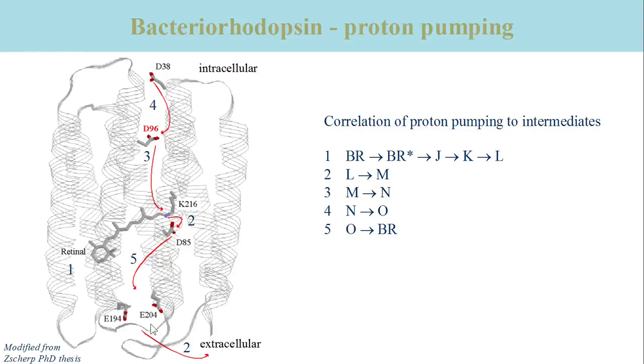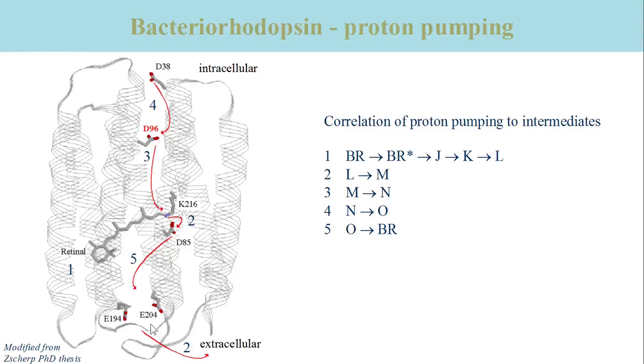The mechanism of this protein is just amazing. There is one energy input into the system, which is the absorption of a photon. This makes the retinal isomerize, which is aided and guided by the protein environment. Isomerization of the retinal leaves both the retinal and the protein environment in a strained conformation.